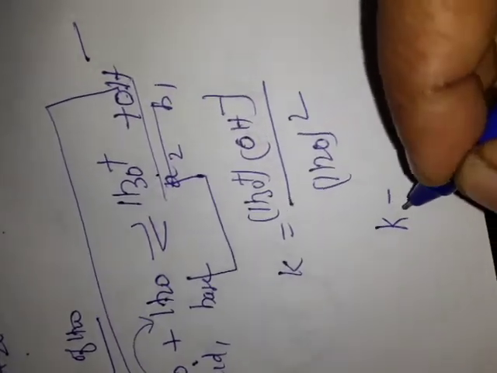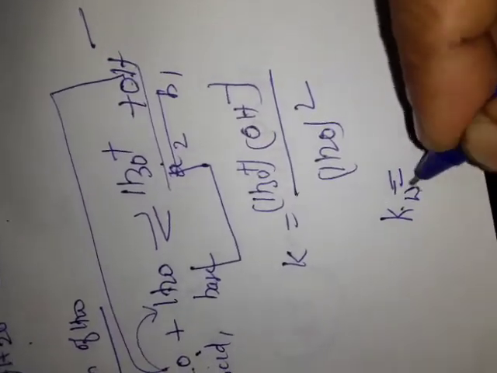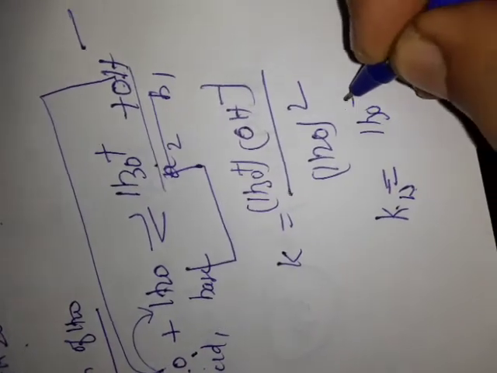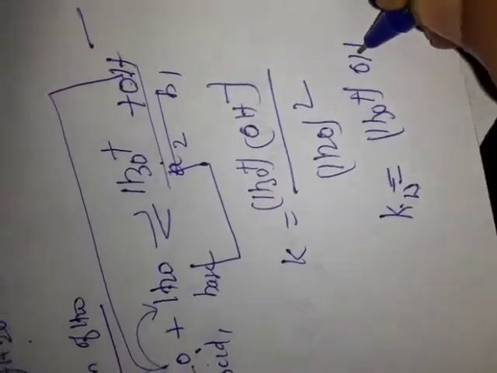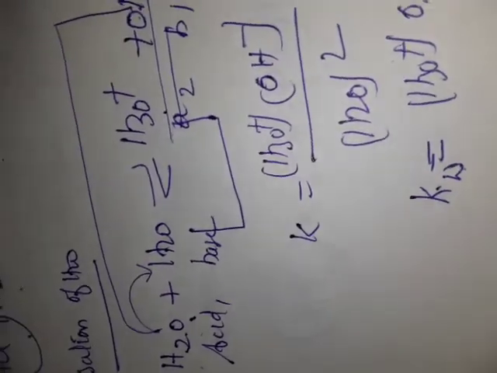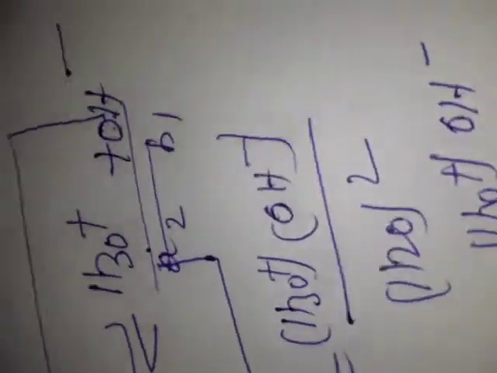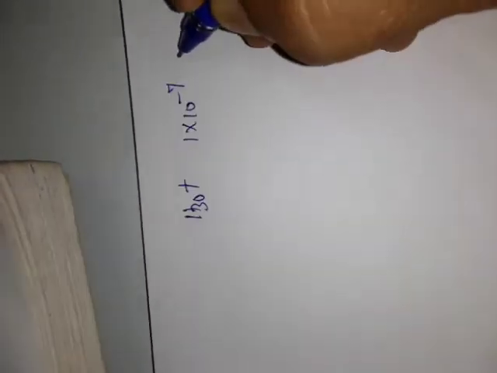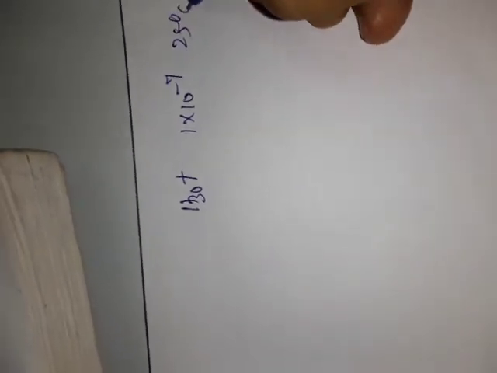So Kw, the ionic product of water, equals H3O+ concentration times OH- concentration. It was experimentally found that the concentration of H3O+ in pure water is 1 × 10^-7 at 25 degrees Celsius.